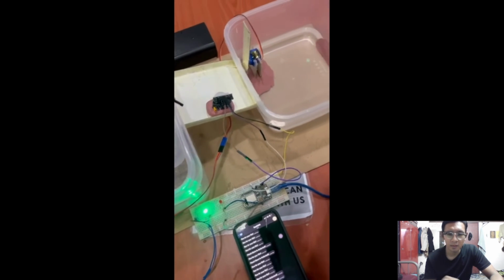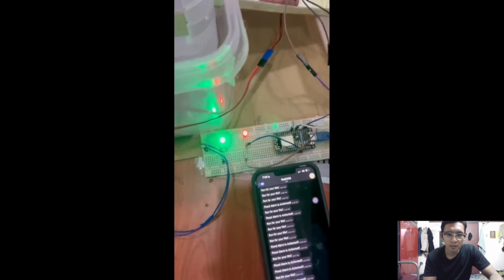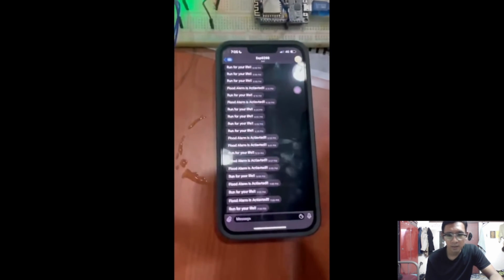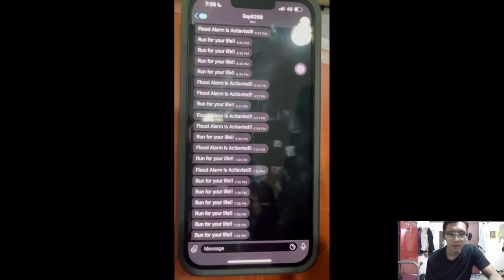You can see the LED will turn on, and then the Wi-Fi module ESP8266 will send notification to Telegram as an alert system to notify the surrounding people that there's an upcoming flood.